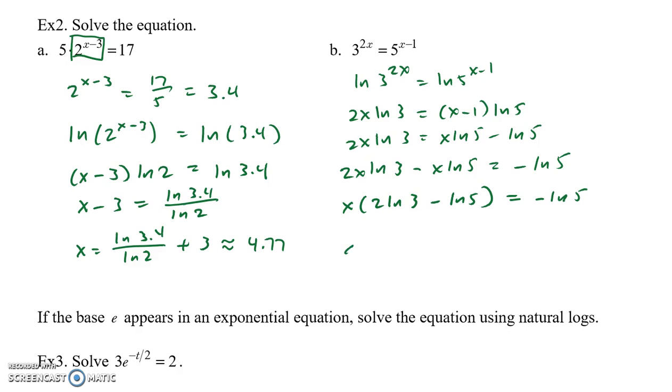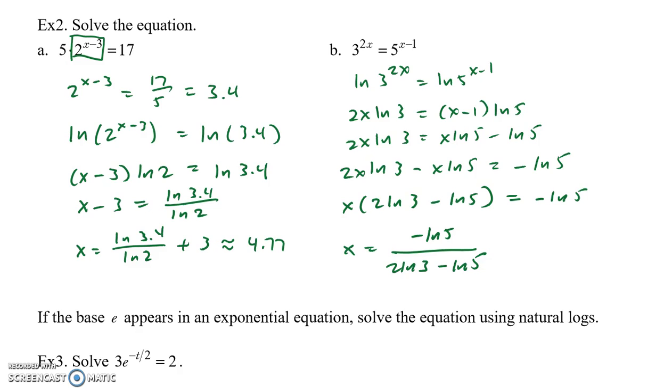So we have in the numerator minus ln 5, in the denominator 2 ln 3 minus ln 5. That would be considered the exact form of the solution.